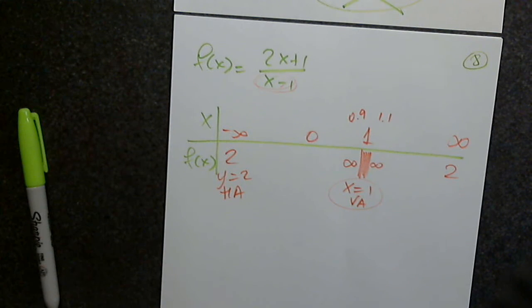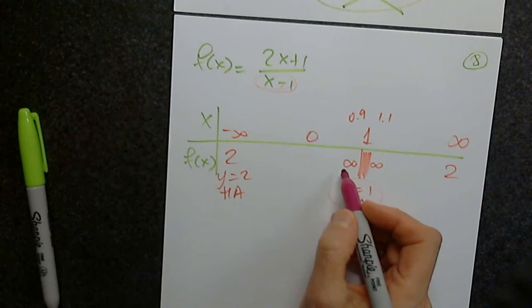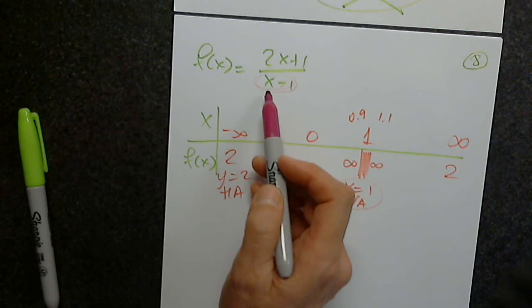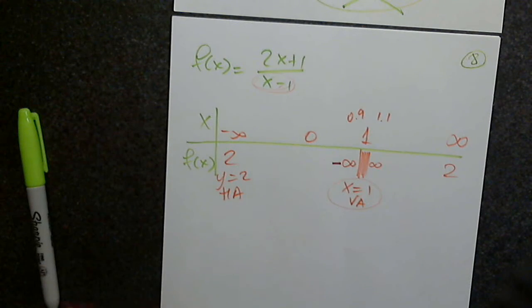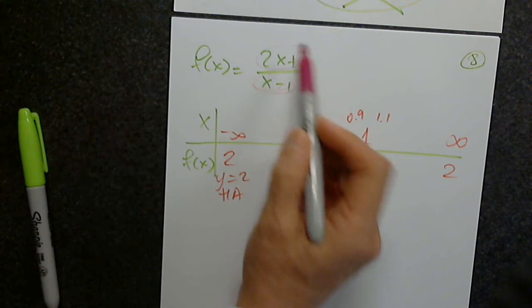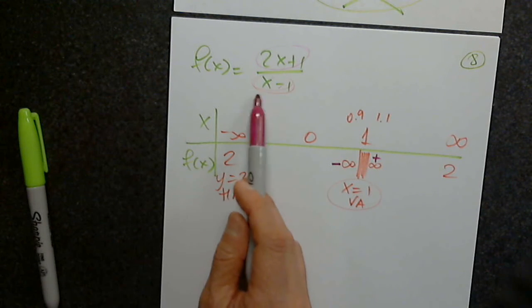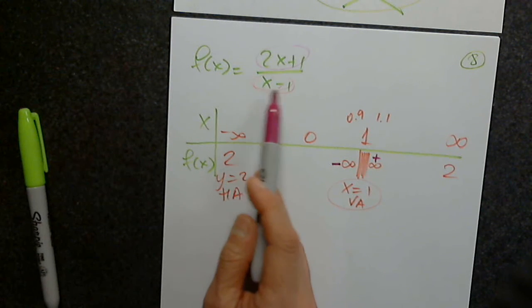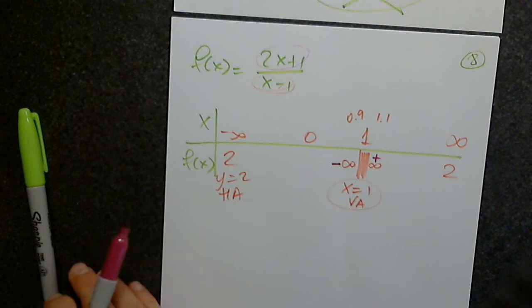I don't care for the number. It will be negative, because the top is positive and 0.9 minus 1 is negative. And 1.1 minus 1 is positive.